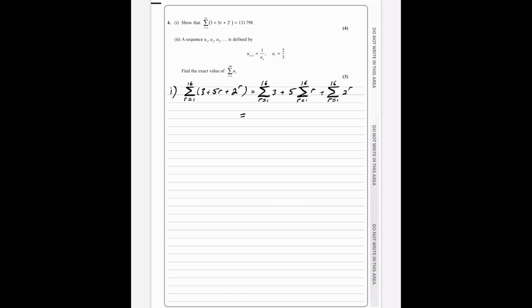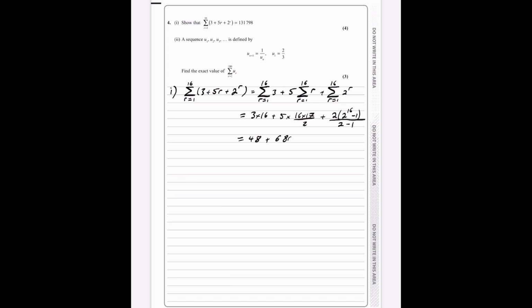Okay, so calculating each bit separately, well, 3 16s added together is 3 times 16. And then 5 lots of the sum of the natural numbers from 1 to 16, 16 times 17 over 2. There are a number of ways of doing that. I've gone with a simple one, and then for the geometric sequence, r is 2, a is 2. And there's our complete calculation.